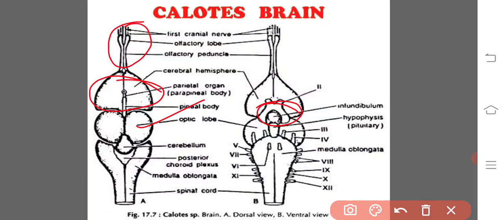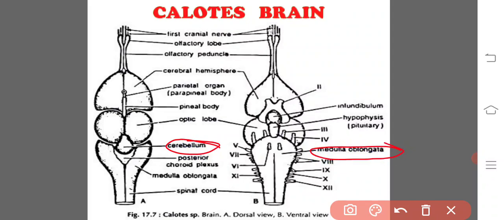And in the hindbrain, this is the cerebellum and this is the medulla oblongata. Let us see one by one. First, take into consideration the forebrain.